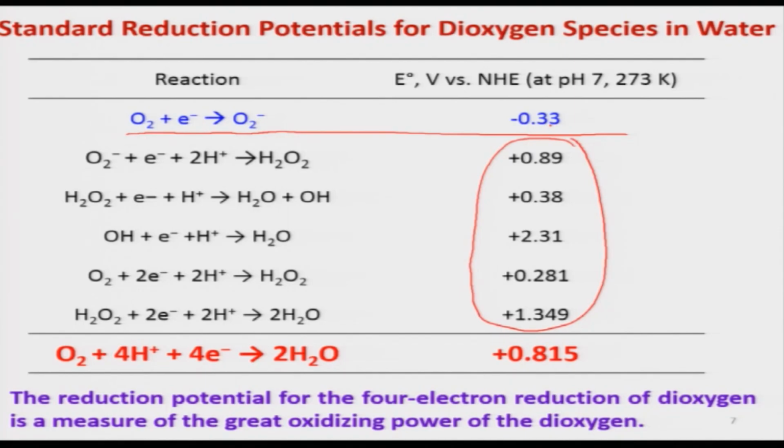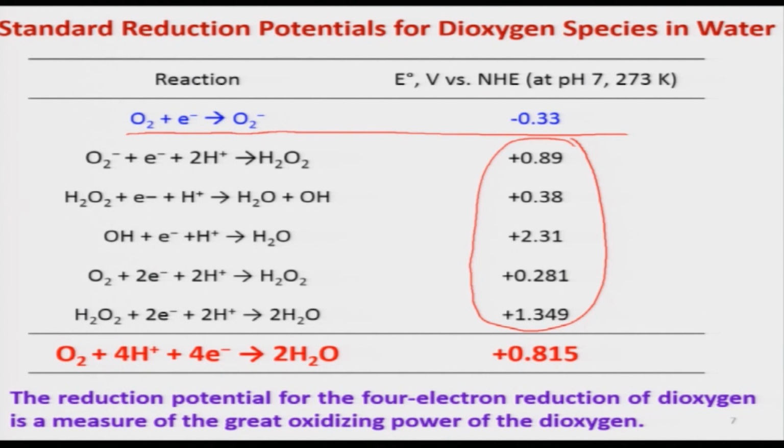The most important reaction, O2 plus 4H plus 4 electron gives rise to 2 water molecule, the potential is 0.815. The reduction potential for the 4 electron reduction of dioxygen actually shows the great oxidizing power of dioxygen.